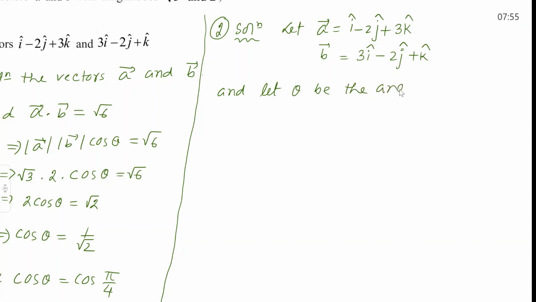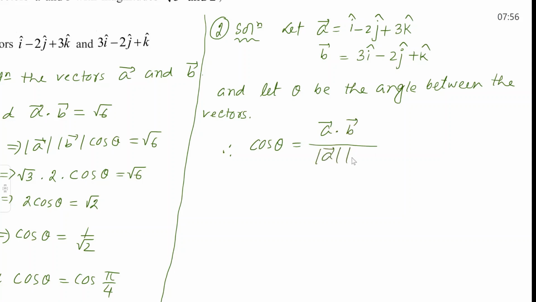Therefore, we have the formula: cos theta is equal to a bar dot b bar divided by modulus a bar and modulus b bar. You can give a modulus sign in the numerator also, but that modulus is only for an acute angle.